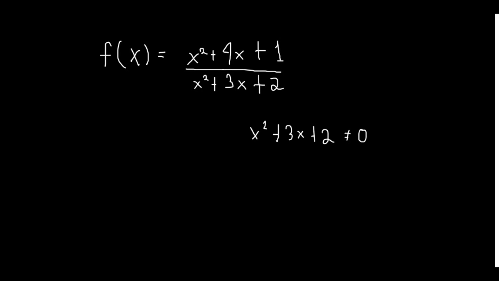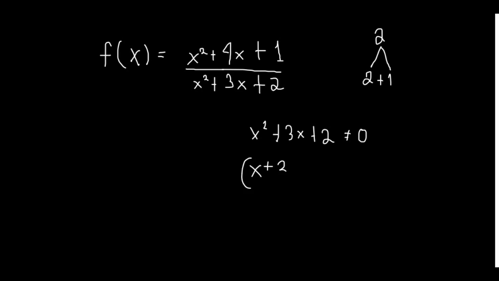How can we find the factors of that? Think of two numbers which, when you multiply, you will get 2, but when you add them, you will get 3. In this case, 2 times 1 is 2, while 2 plus 1 is 3.